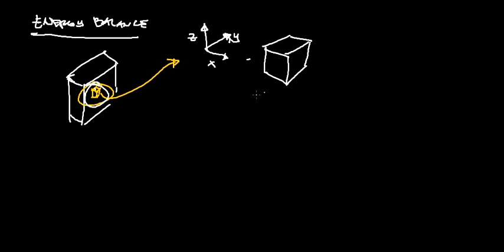For x, if this is our positive direction, the energy entering our element, or this system, we represent as qx. Then we have the heat going out of the system, which we call x plus dx.